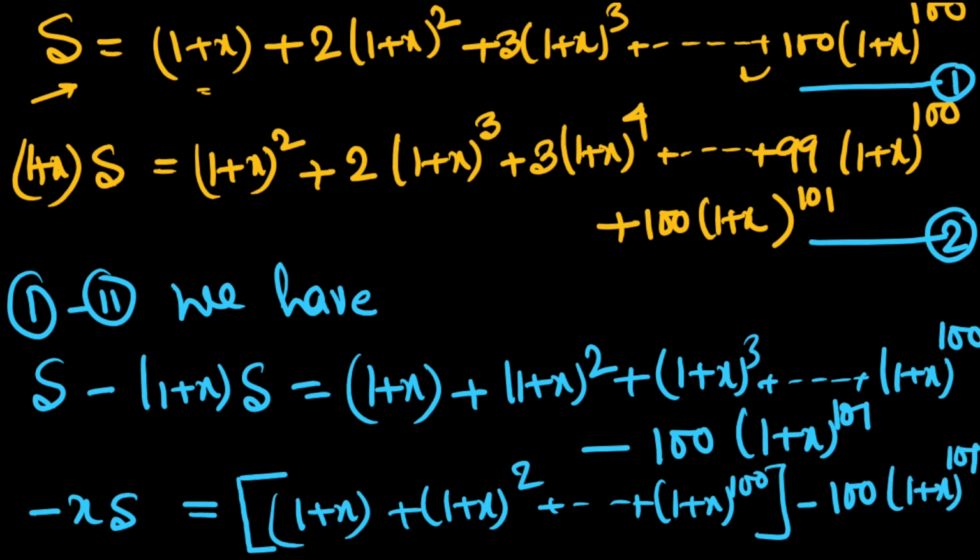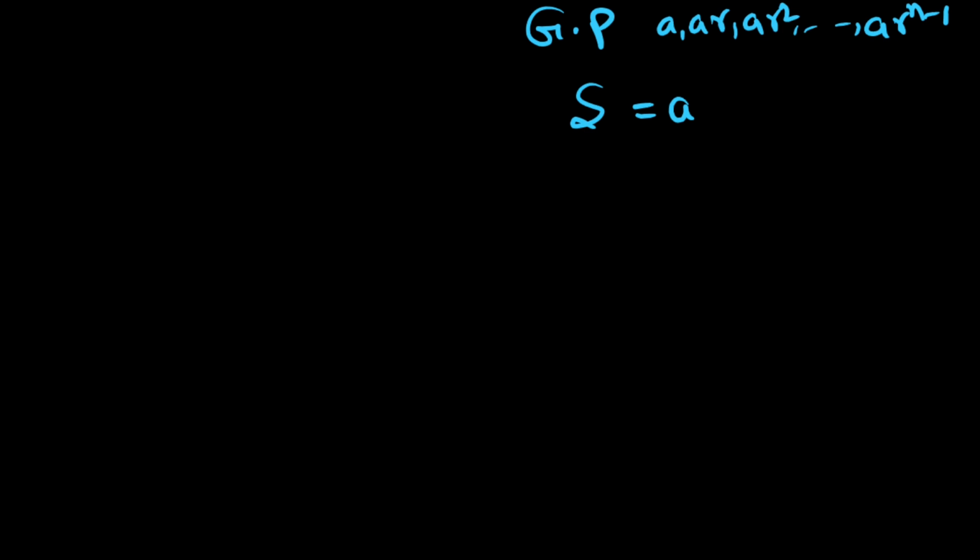Now we apply the GP series sum property. Suppose the GP series is a, ar, ar^2 up to ar^(n-1). The sum is a(r^n - 1)/(r - 1) if r is strictly greater than 1.